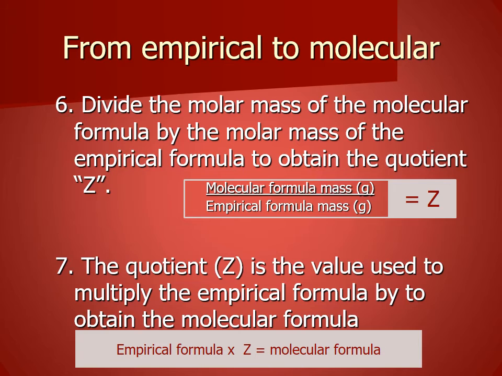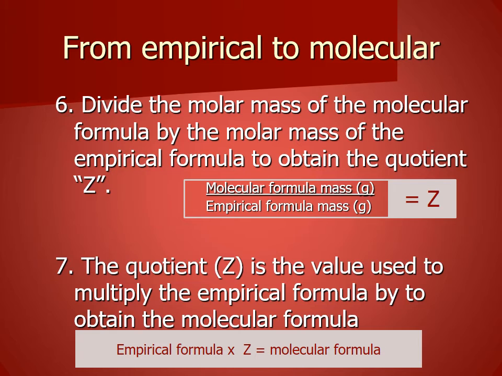Divide the molar mass of the molecular formula, so you're going to take the molecular formula and find its mass, and divide it by the empirical formula's mass. So here's my empirical formula mass. When you do that, bigger number divided by smaller number, you get a value that is super close to a whole number, and it doesn't matter how close you are. You just round it to a whole number and be done with it.